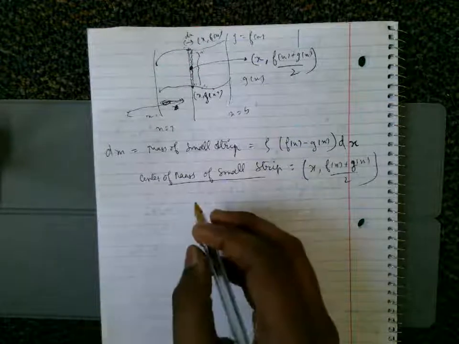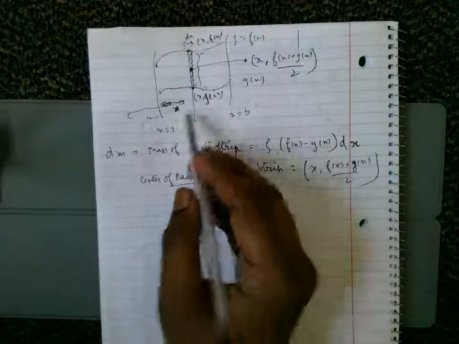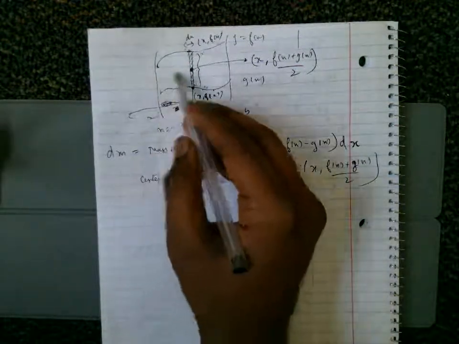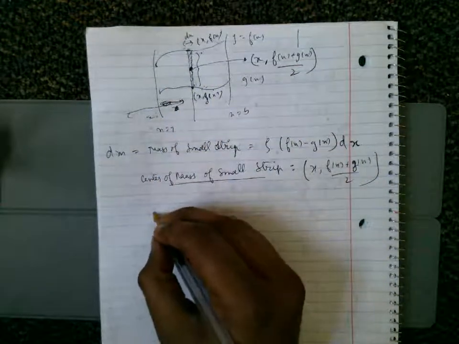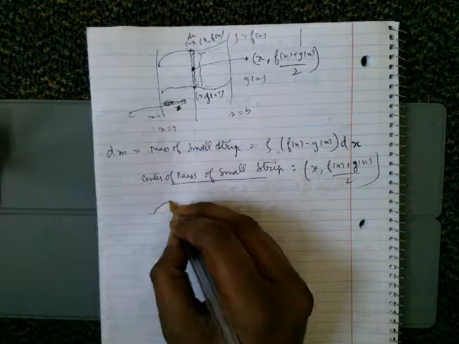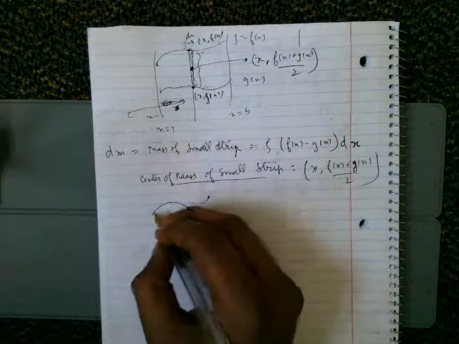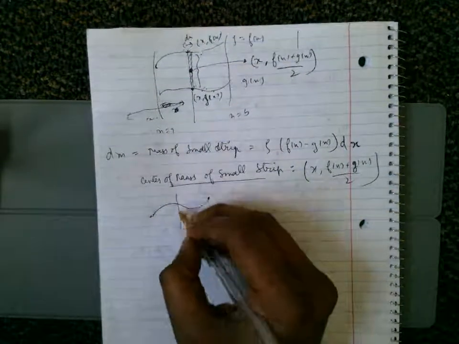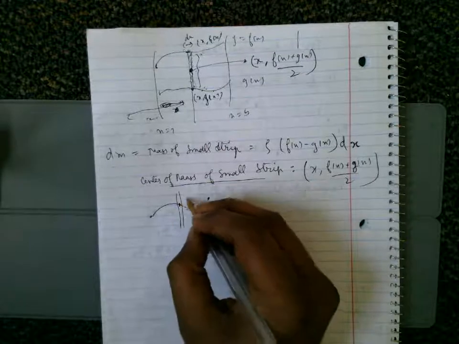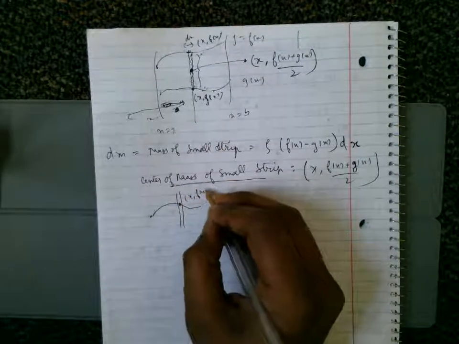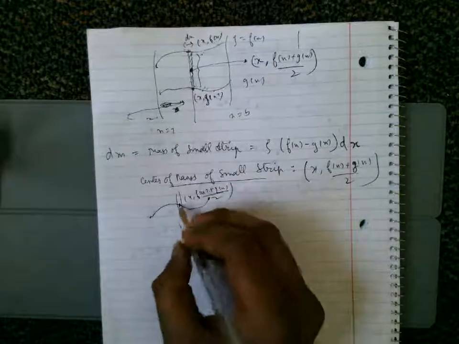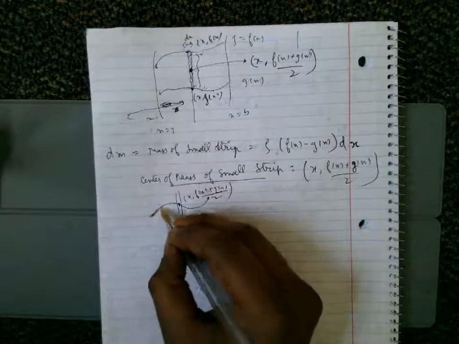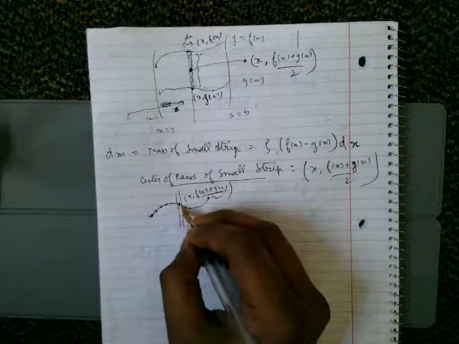All right. So now, when we cover this from x equal to a to x equal to b, this can be assumed to be something like this, where each strip has a center of mass at x comma (f of x plus g of x) by 2. So now we are just taking the points containing the center of mass of all these strips.